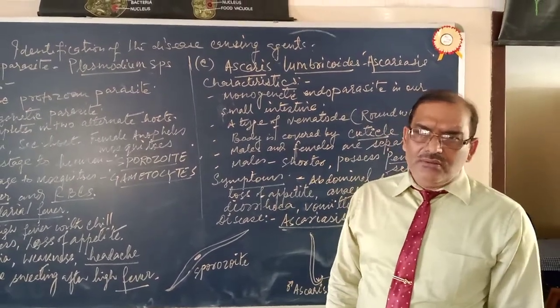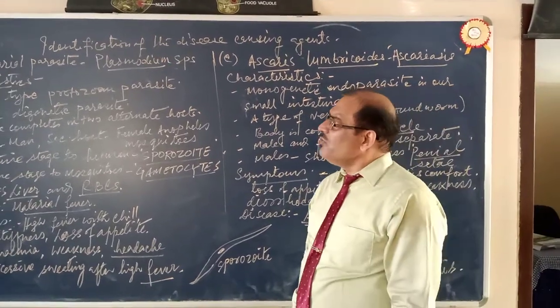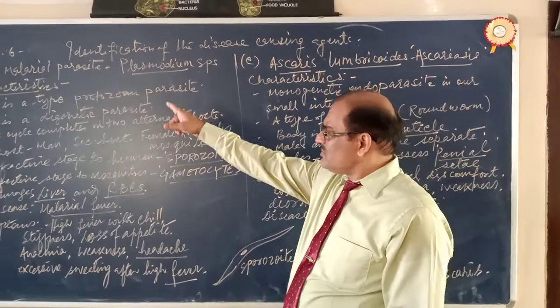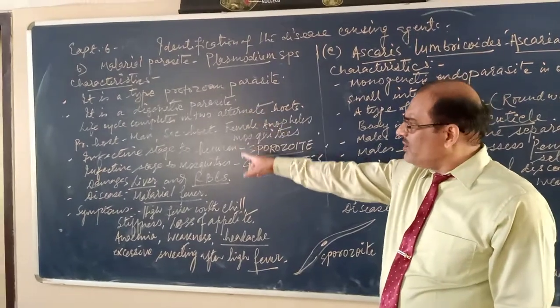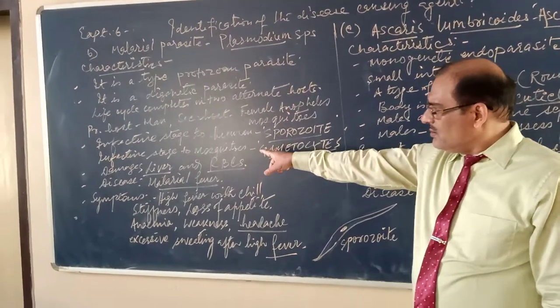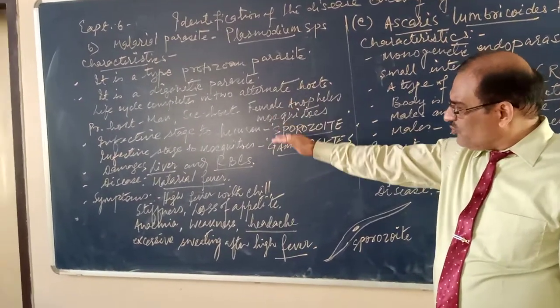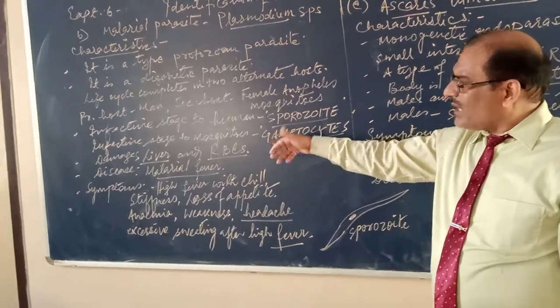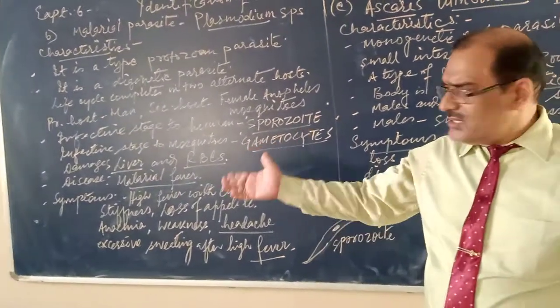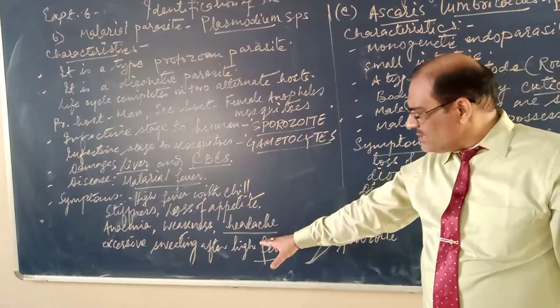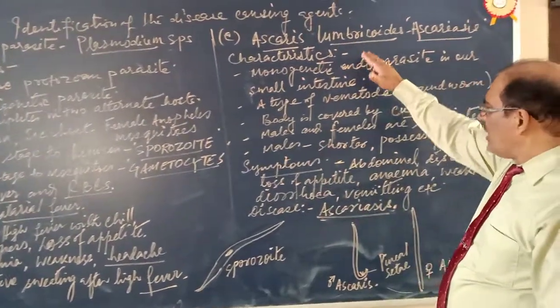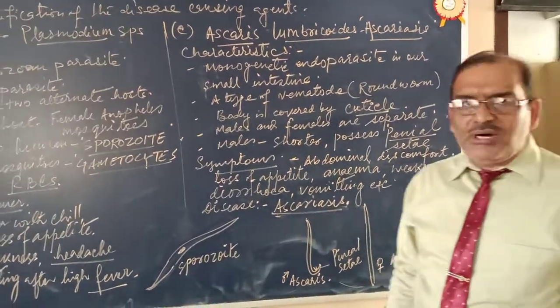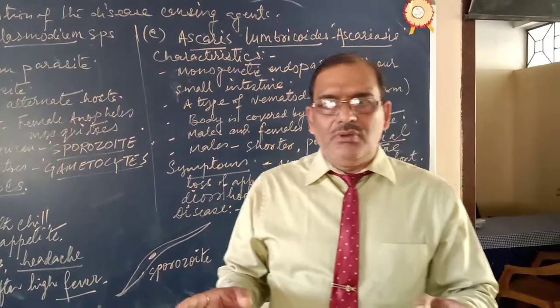Then we have to write the characteristics, important points, the disease, what kind of parasite, monogenetic or digenetic, and the symptoms. This way we have to write the experiment, and you have to draw the labelled diagram also.